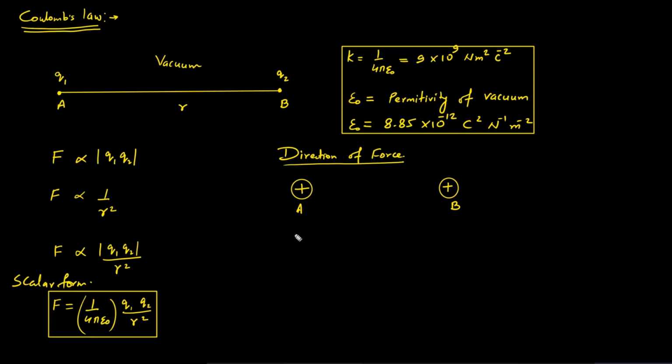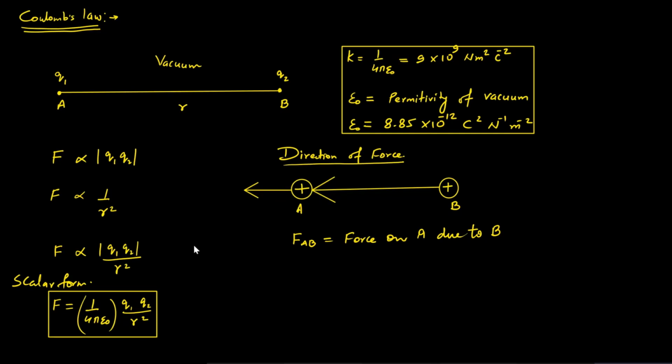But if I talk about the direction of force on A due to B, remember that this is the force on A due to charge B, right? So can I say the force on A because of B will be away from B, or simply you can say from B to A?